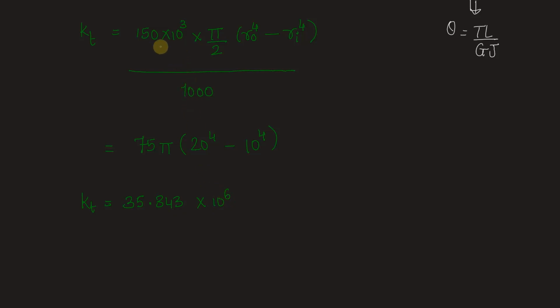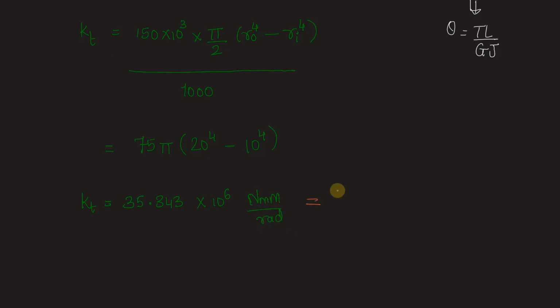But the unit here is to be noted, it is Newton mm per radian, because all the values we have taken in terms of Newton and mm. That is why the unit turns out to be Newton mm per rad, but we need the answer in kilonewton meter.